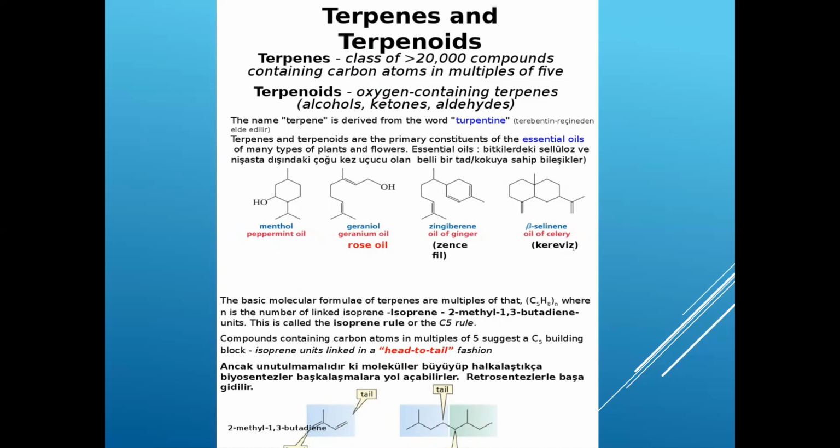The basic molecular formulas of terpenes are multiples of C5H8, (C5H8)n, where n is the number of linked isoprene units. This is called the isoprene rule or the C5 rule.